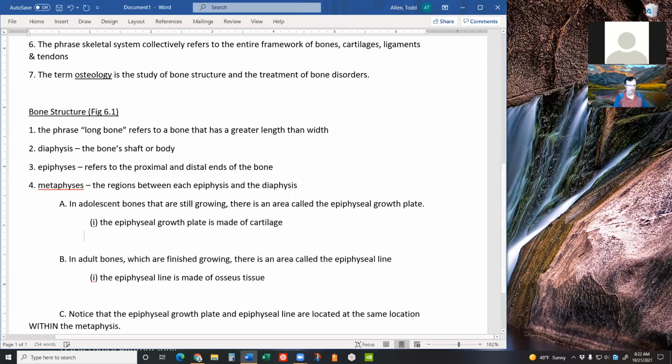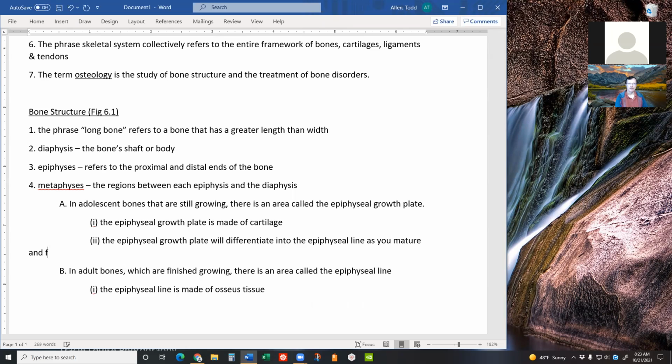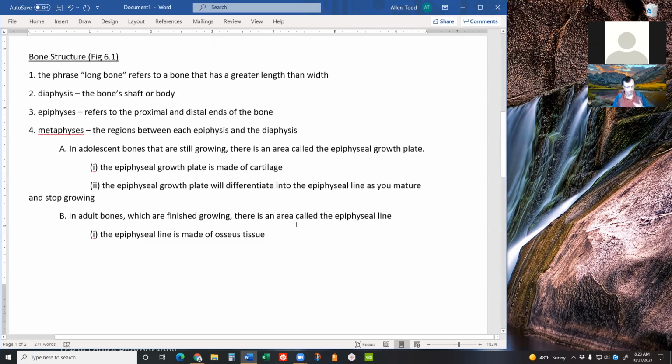The epiphyseal growth plate will differentiate into the epiphyseal line as you mature and stop growing.